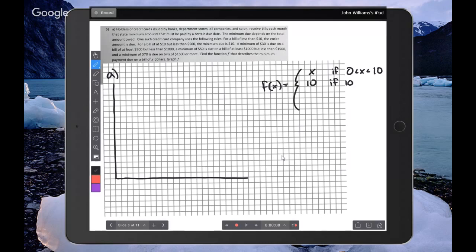if we're greater than 10, all the way up to 500.